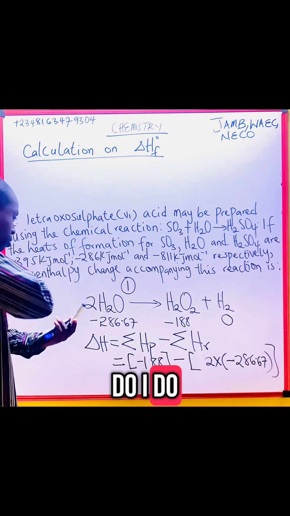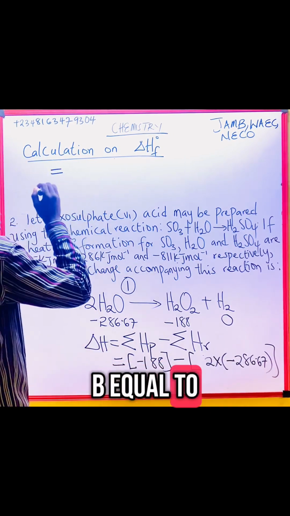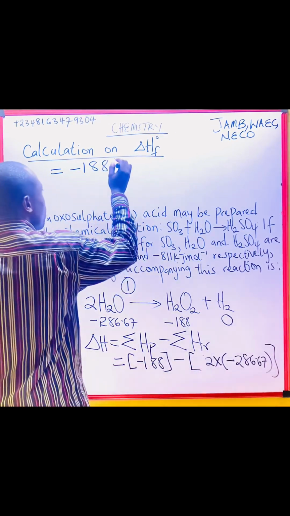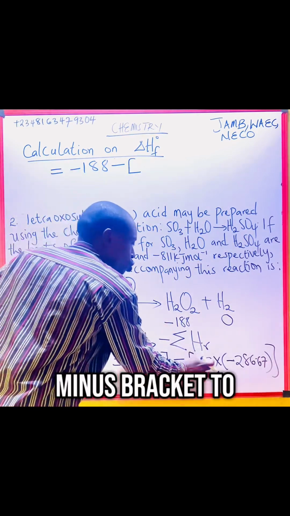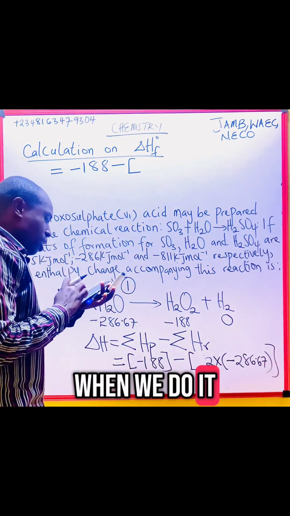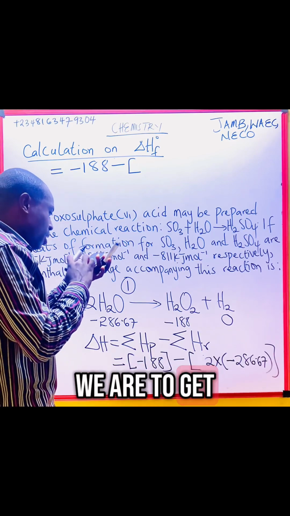Take note, it will now be equal to negative 188 minus bracket 2 multiplied by negative 286.7. So when we do it, this is what we are to get.